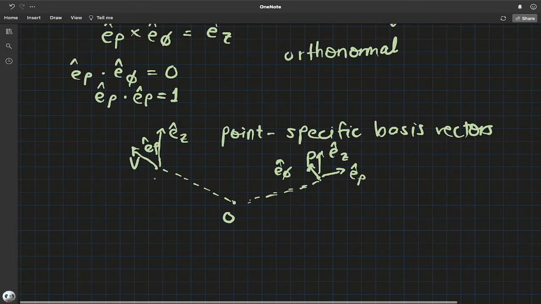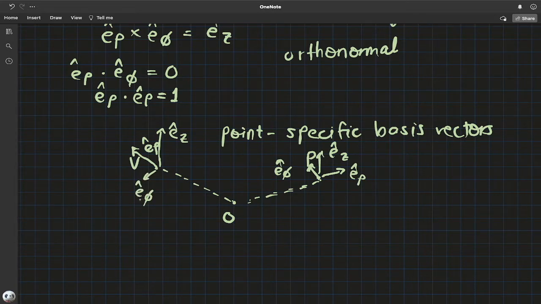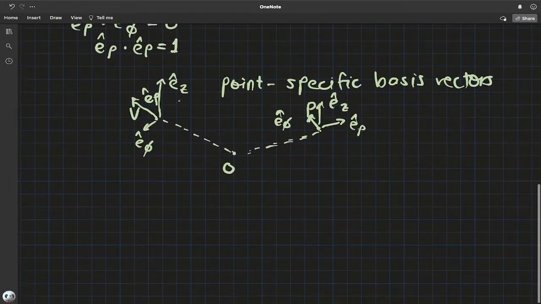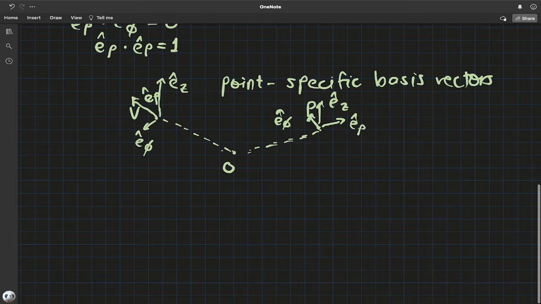And e phi hat is again sort of here. It's hard to visualize, but they're mutually orthogonal to each other. This was for another random point V. So you see that the directions of these basis vectors are really point specific. They depend from point to point. So this is going to be a challenge when we actually define these.